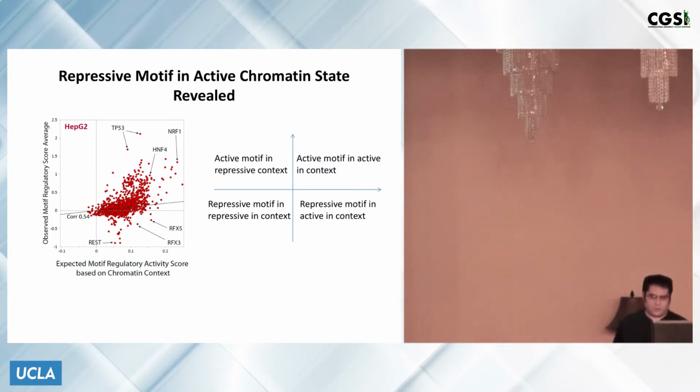And then we could also compute its actual observed activity, where we took those specific instances of the motif and directly computed its average score based on this assay over those instances. So in general, there's a correlation between this expected and observed, but what's interesting is when we look at some of these outliers. So for example, this RFX family of motifs had, on average, among the highest expected activity, but also among the lowest actual observed activity.